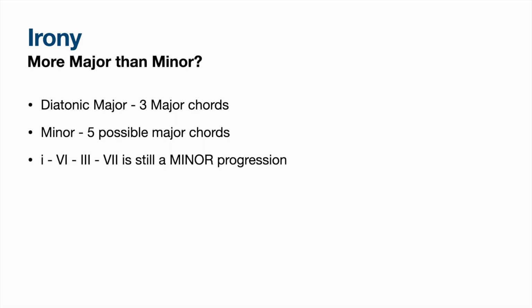It is still considered a minor progression because of that minor 1. And for whatever reason, it just does not sound the same in major. But that's just sort of a sideline here.